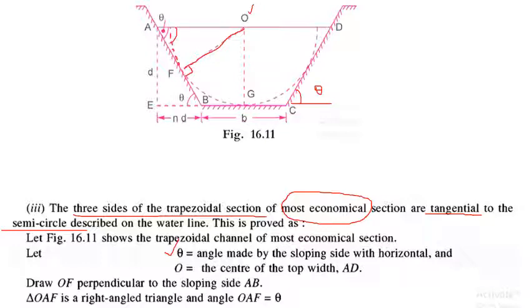This is theta because of two parallel lines, which are AD and EB, intersected by an inclined line. So if this angle is theta, this angle is also theta. So that is how angle DAB became theta. So this angle is theta.